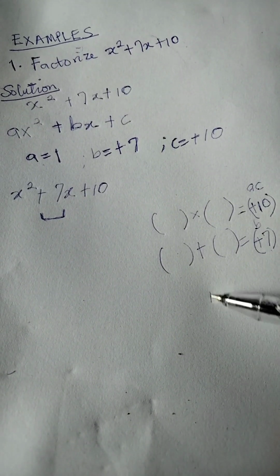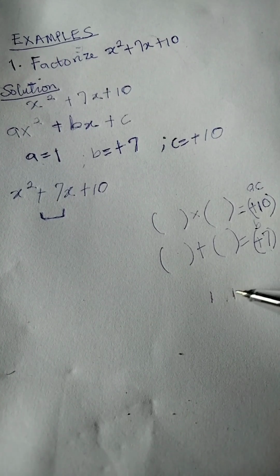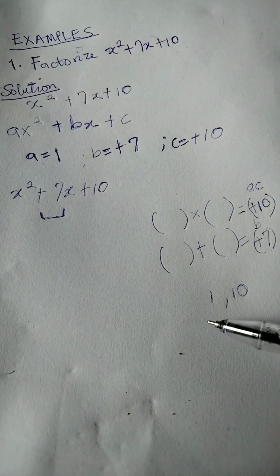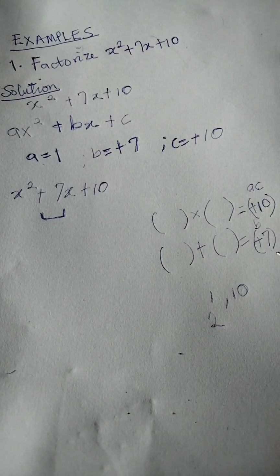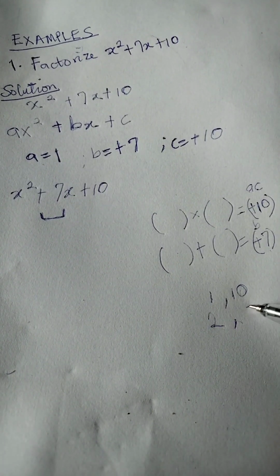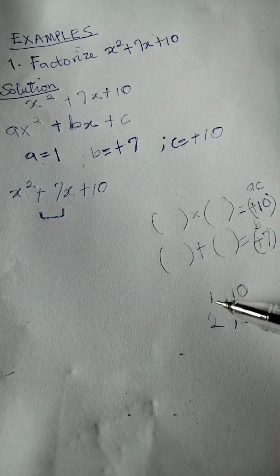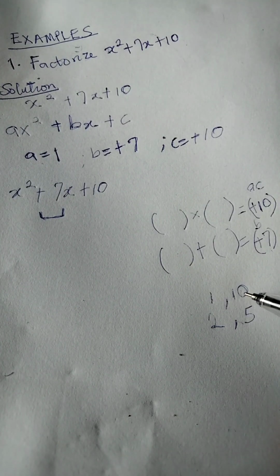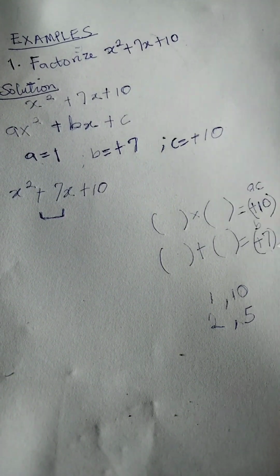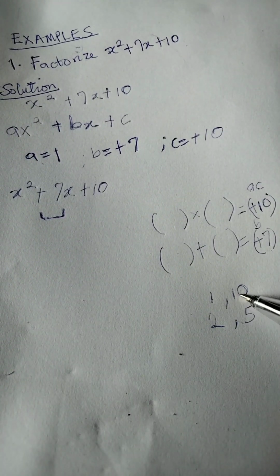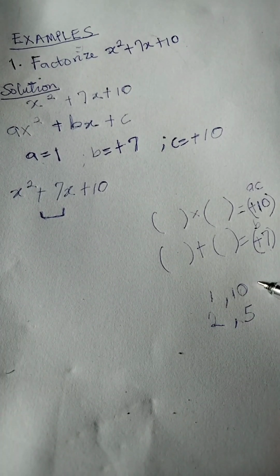We know that 1 and 10 are the multiples of 10. We also know that 2 and 5 are the multiples of 10. Now, can we get plus 7? Is there a way we can add these two numbers to give us plus 7? No. There's obviously no way we can get plus 7 from 1 and 10. So this option is actually out of it, right?